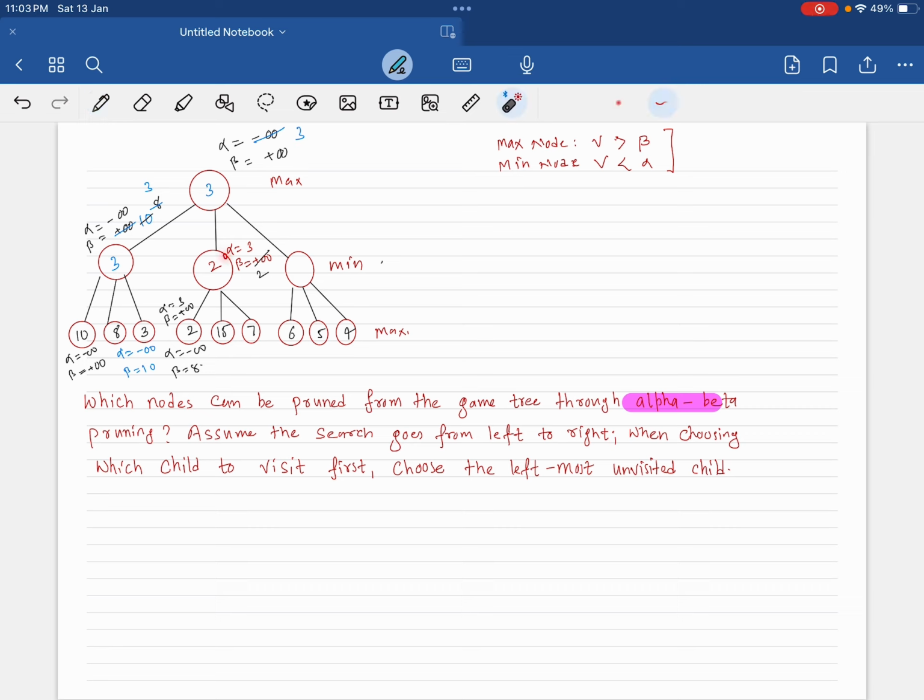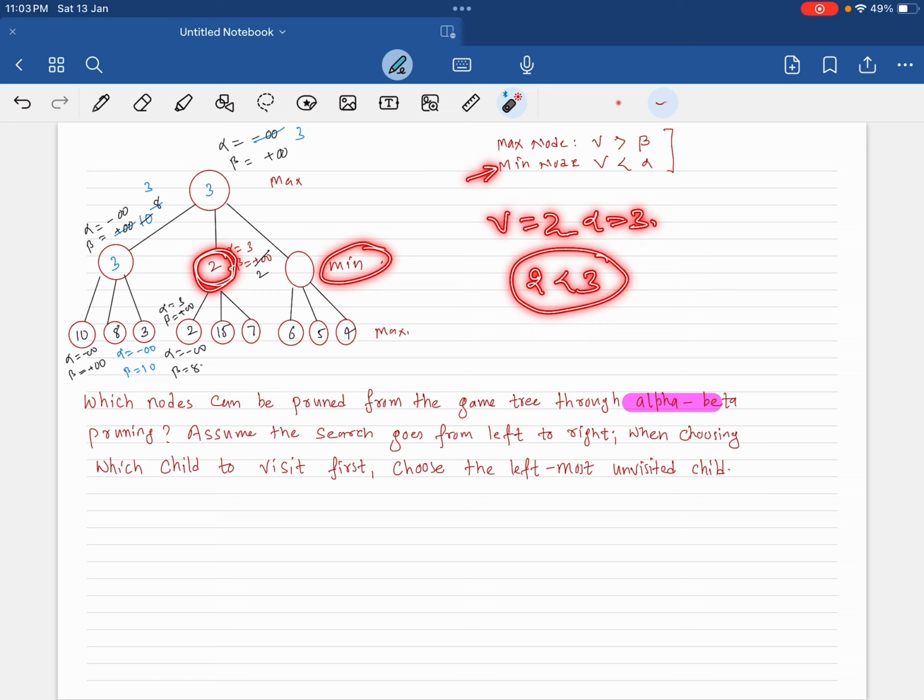Now again we will check at this node. So v is 2, and this is the min node, right? So we will check this condition. Alpha is 3. Is 2 less than 3? Yes, this condition is true. So we are not going to visit its subtrees, right?